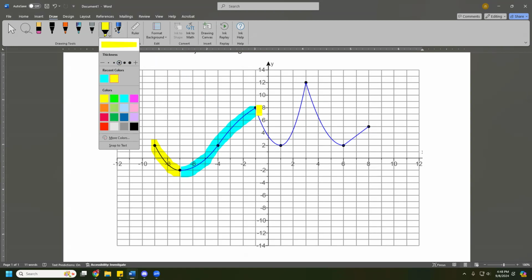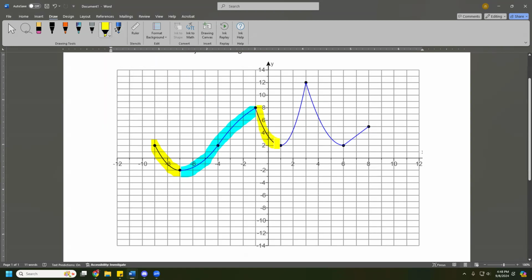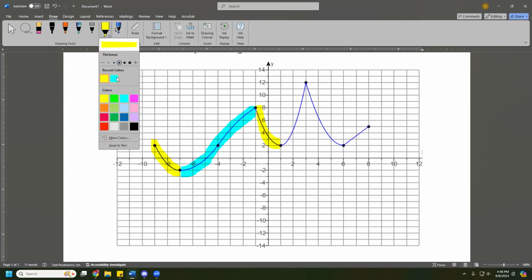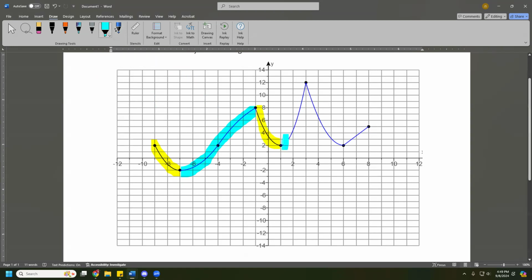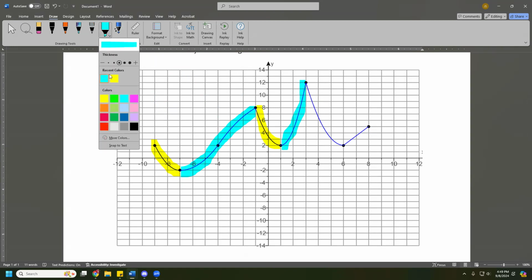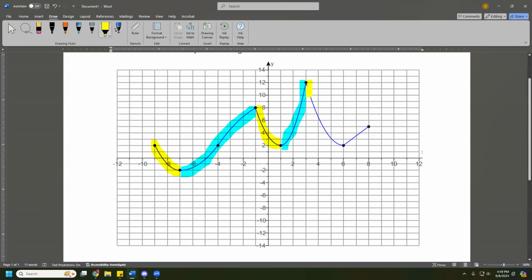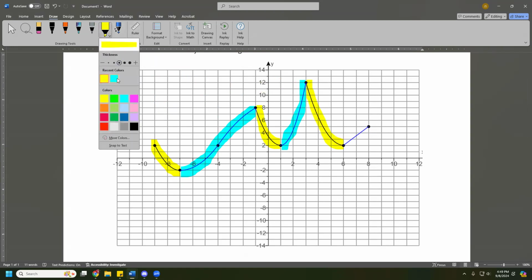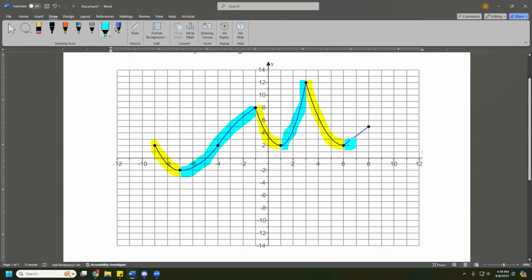And then I start going back down. And then I start going back up. And then I start going back down. And then I start going back up. All right.